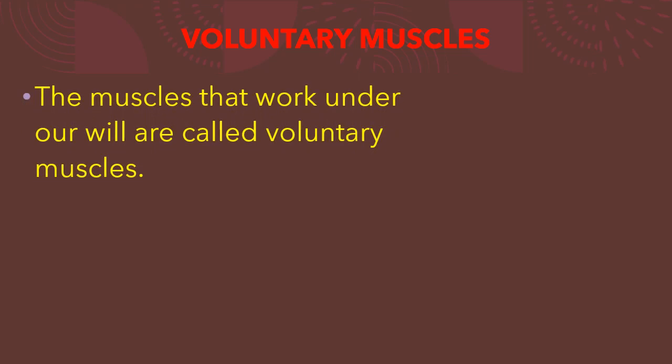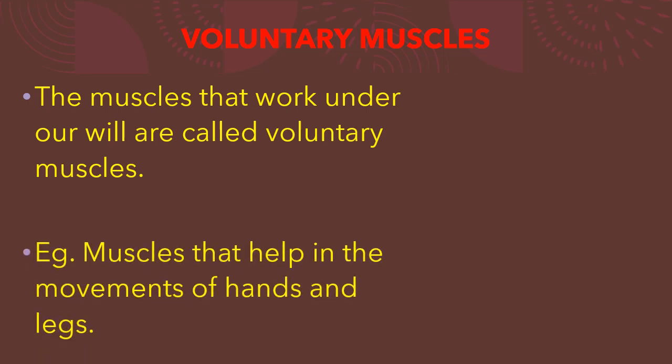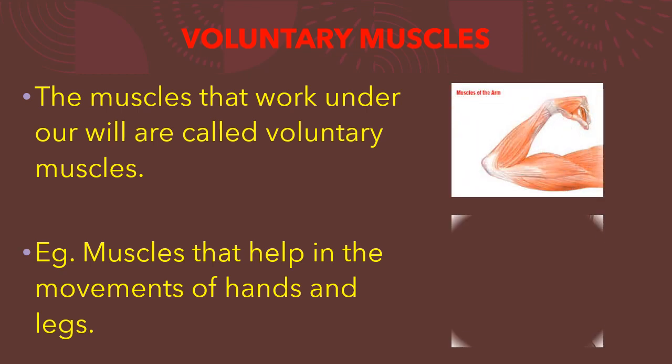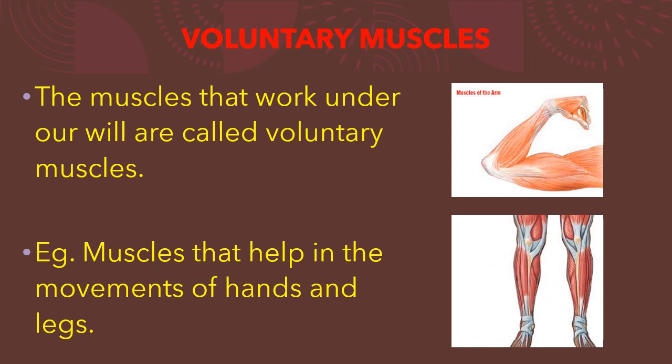The muscles that are under our control are called voluntary muscles, like muscles that help in the movements of hands and legs. We move our hands and legs according to our will, and they do not move on their own, right? So these muscles in the hands and legs are the voluntary muscles.